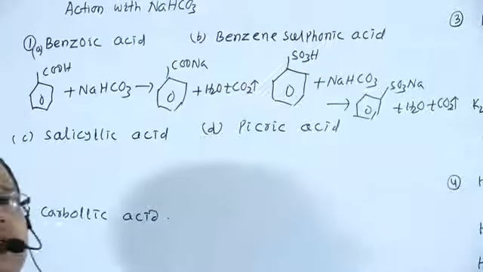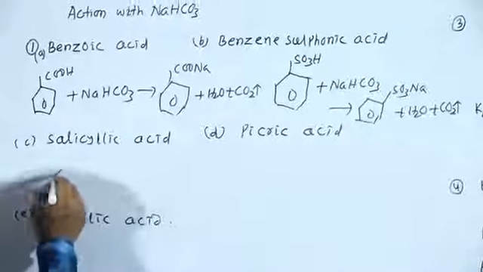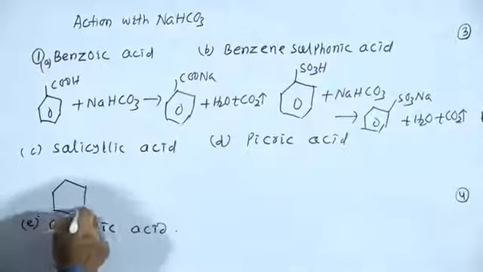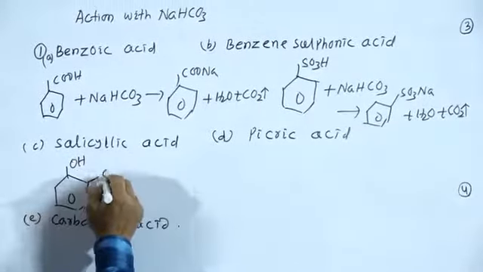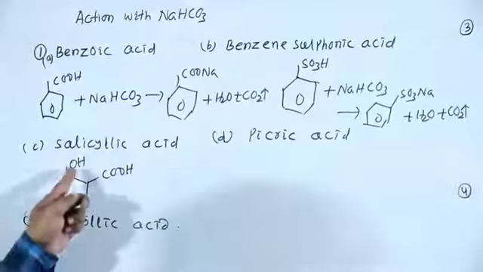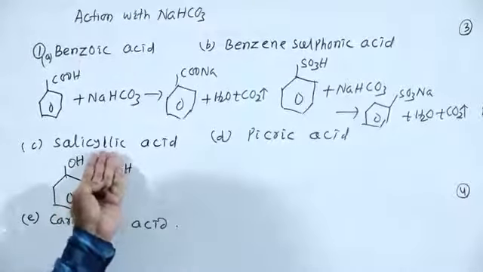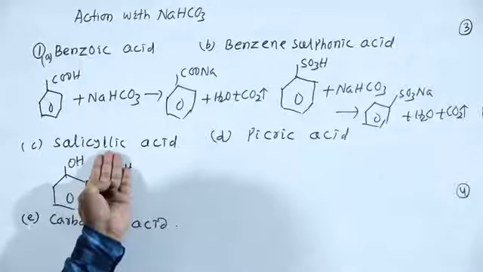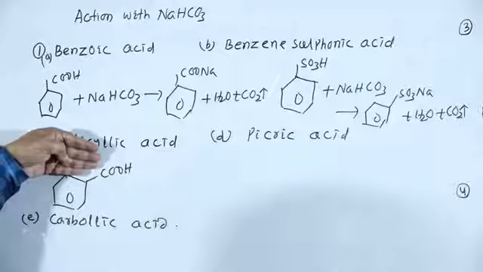First we have to explain the formula for salicylic acid. Salicylic acid is benzene that contains OH and COOH, that is orthohydroxy benzoic acid. If the OH group is only there, then that is phenol. If the COOH group is only there, then that is benzoic acid.